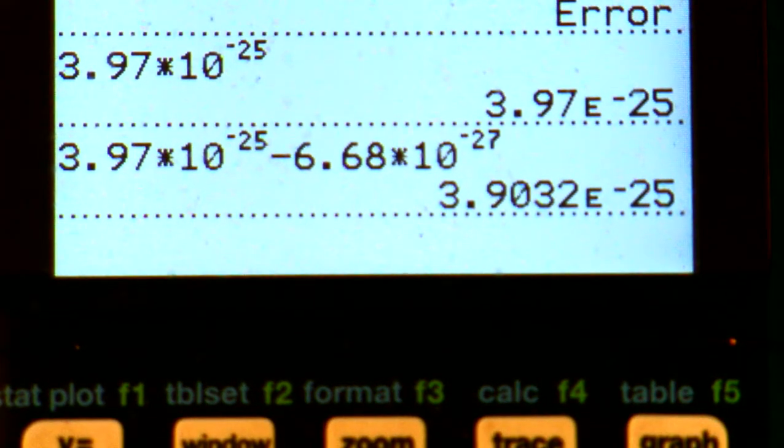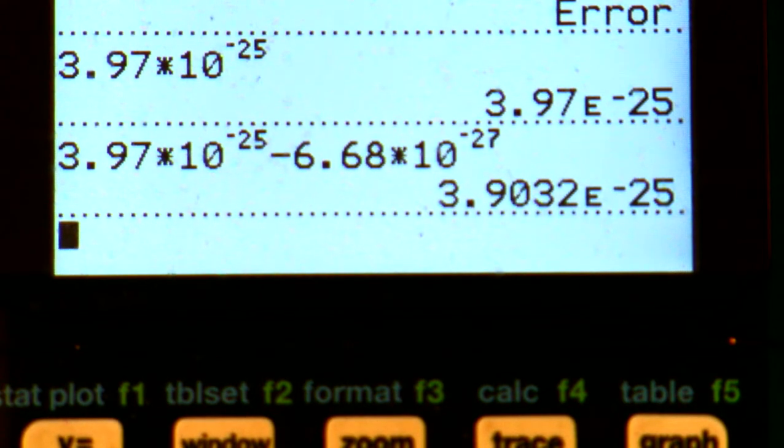So in this situation, order of operations means multiplication and division is done before addition or subtraction. In this case, it correctly subtracted the mass of an alpha particle from the mass of a uranium atom.